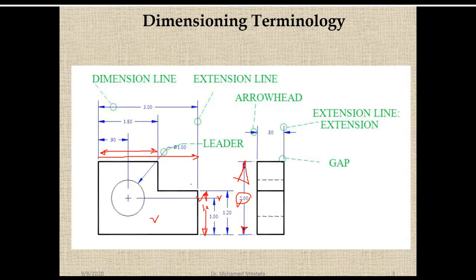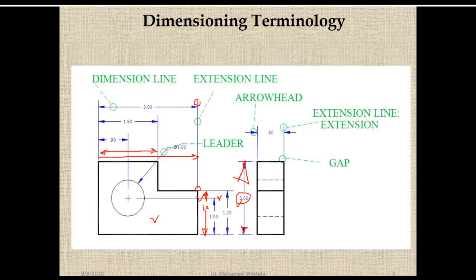As you can see, guys, this extension line is drawn with a thinner line than the visible lines of your drawing. The other thing is that you should leave a gap of between 2 millimeters up to 4 millimeters. And the extension line does not stop at what's called the dimension line. No, it should extend a little bit beyond that one. And as you can see, guys, this distance is almost half a centimeter.